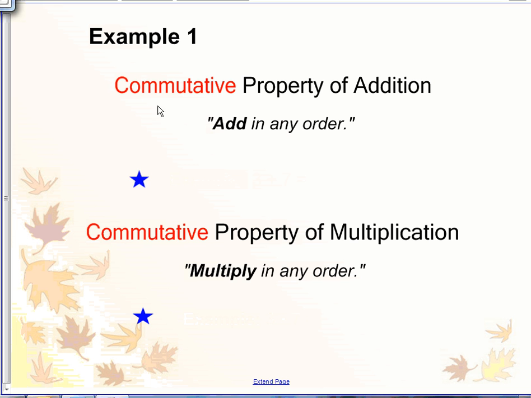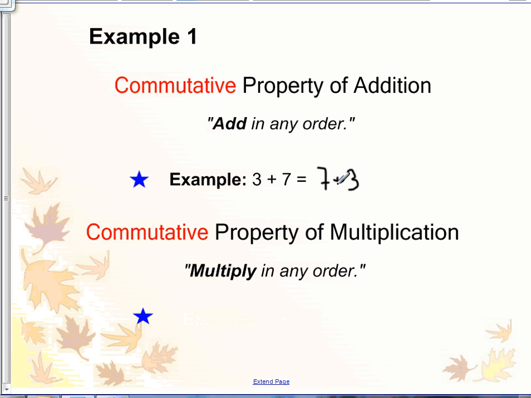We have the commutative property of addition and the commutative property of multiplication. The commutative properties basically tell us that we are going to add in any order or multiply in any order. So for example, 3 plus 7 is the same as 7 plus 3.